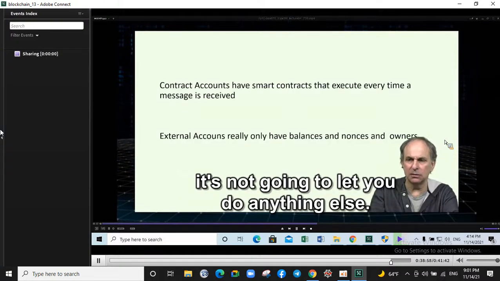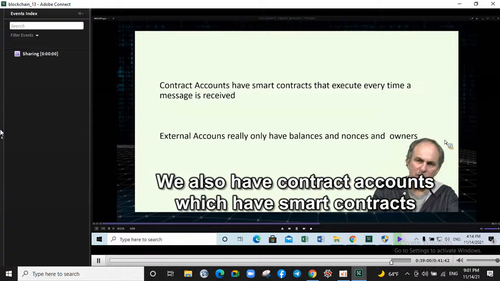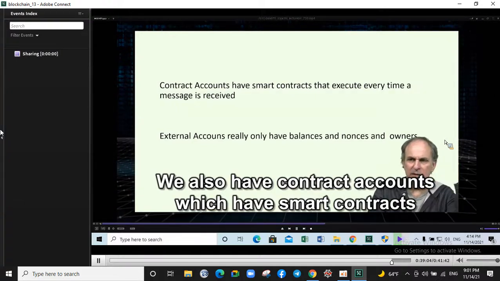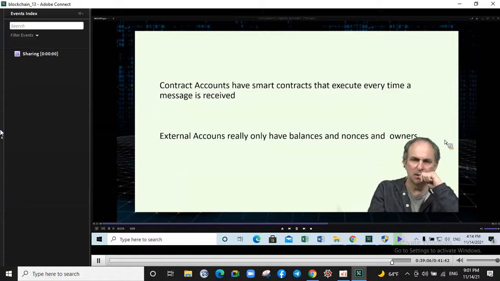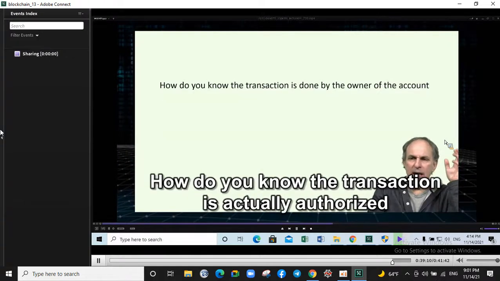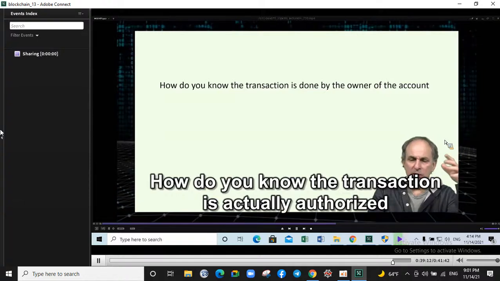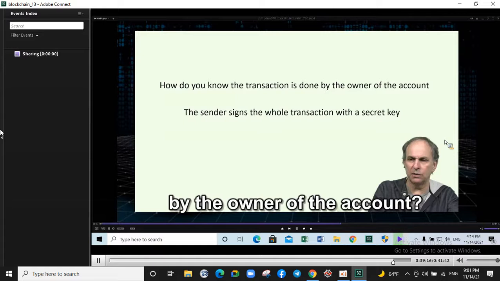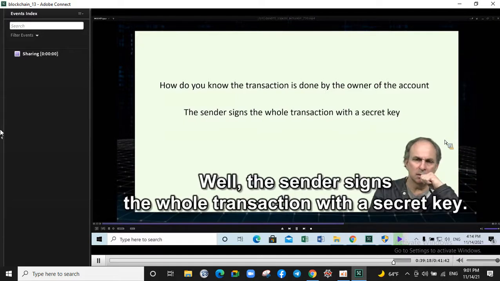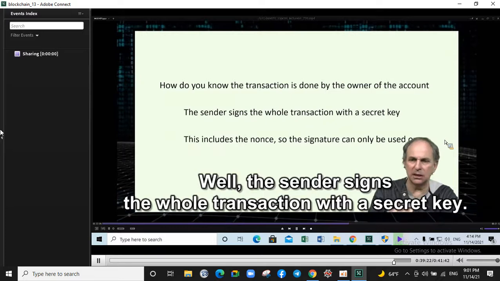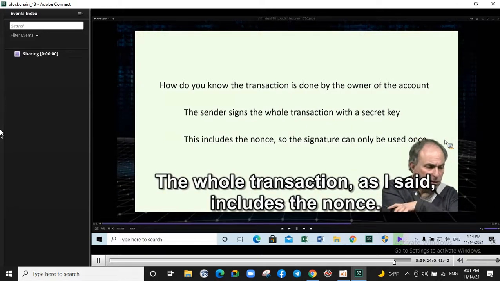Okay, we also have contract accounts, which have smart contracts that execute every time a message is received. But as I talked about external accounts, how do you know the transaction is actually authorized by the owner of the account? Well, the sender signs the whole transaction with a secret key, and the whole transaction, as I said, includes the nonce.